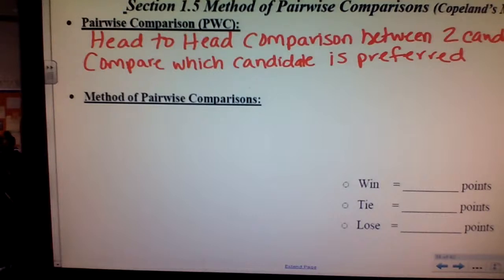If I tell you you have 17 players, you better have 16 points because you play 16 people. So even if I don't give you all the individual stuff, you can still tell from the results what has happened. This is the method of pairwise comparison.